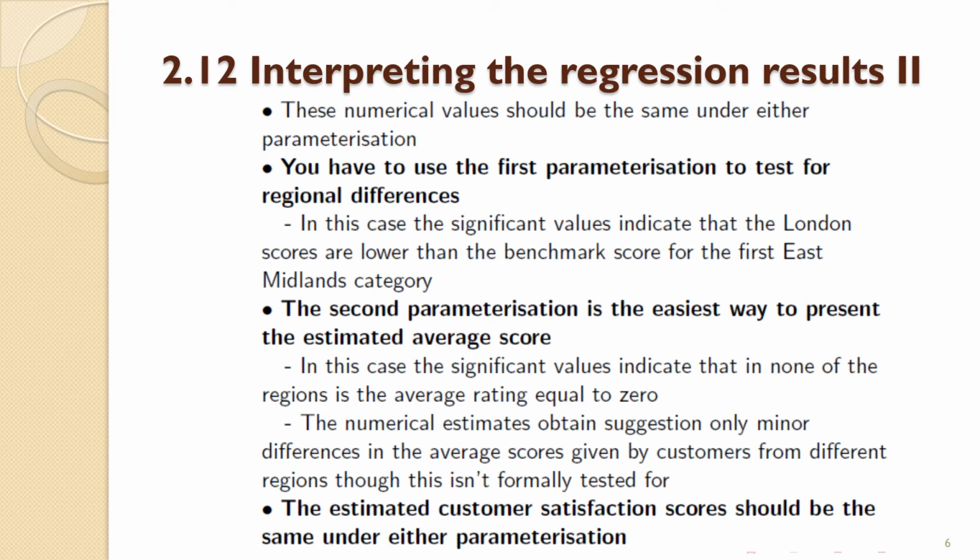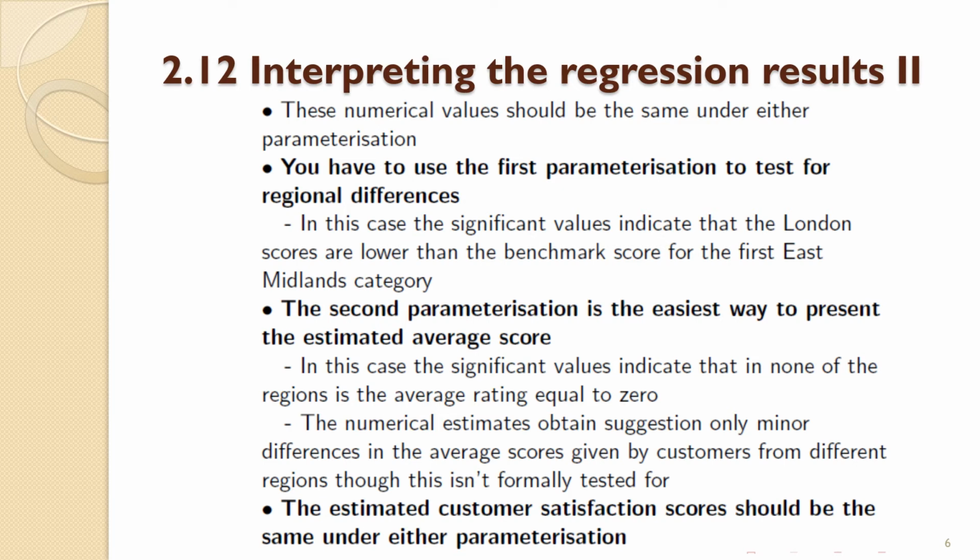You have to use the first parameterization to test for the regional differences. In this case, the significant values indicate that the London scores are generally lower than the benchmark score for the first East Midlands category. But it turns out in this case, the second parameterization is the easiest way to present the estimated average score by region.